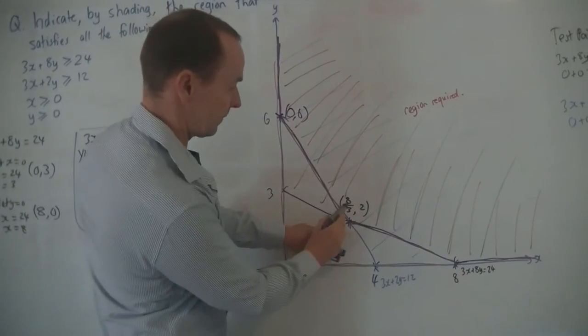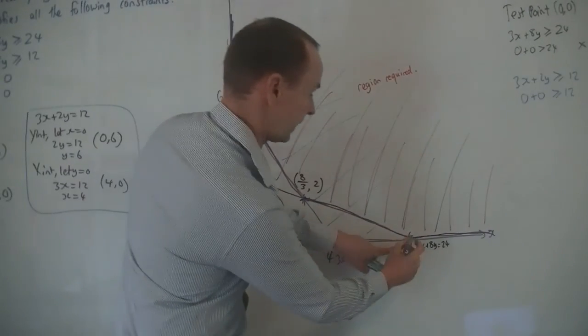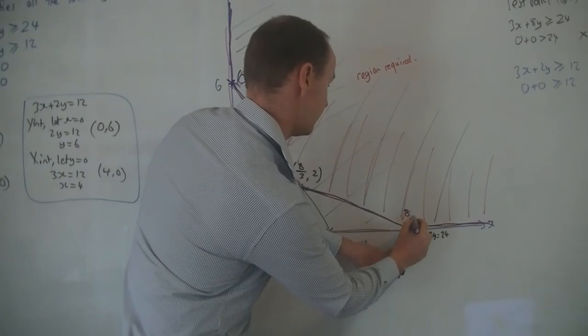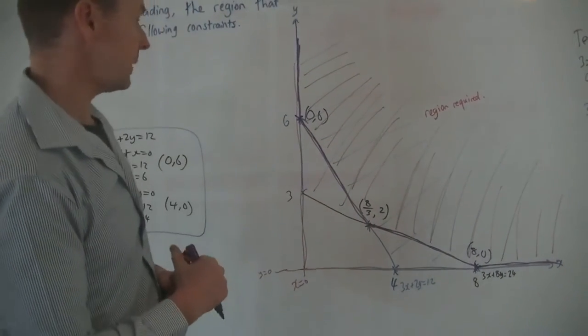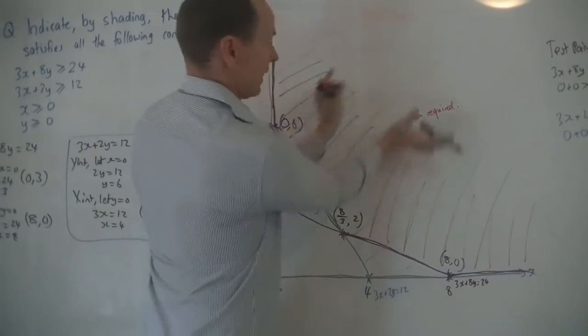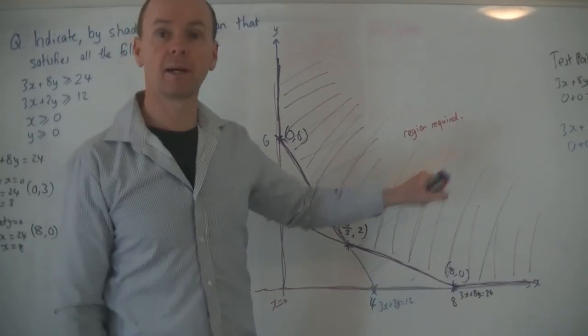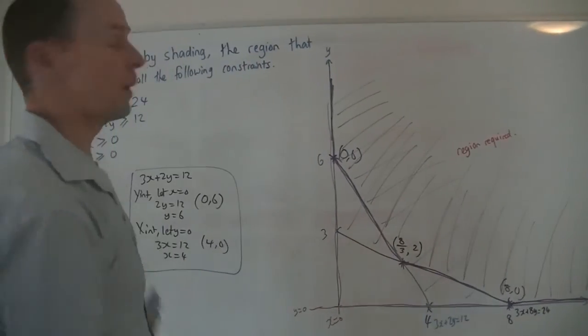This corner point there is 2 2/3, comma 2. The next corner point there is 8, 0. And they're all the corner points. That means any point in this region and above there is in the region required. So they could all be solutions which satisfy those 4 equations there.